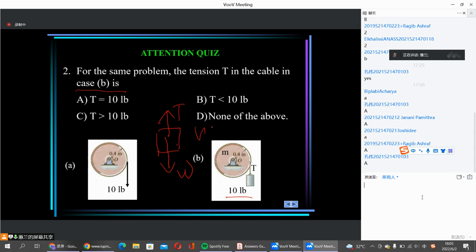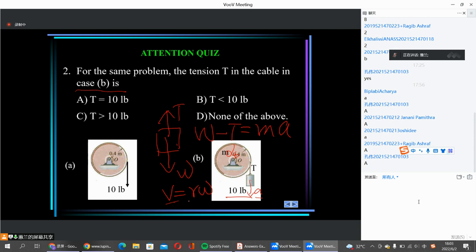Accordingly, we will have W minus T equal to M a, right? How about the acceleration a? If alpha is given, can you calculate a? Because velocity equals R omega, and omega is the angular velocity of the disk, right?